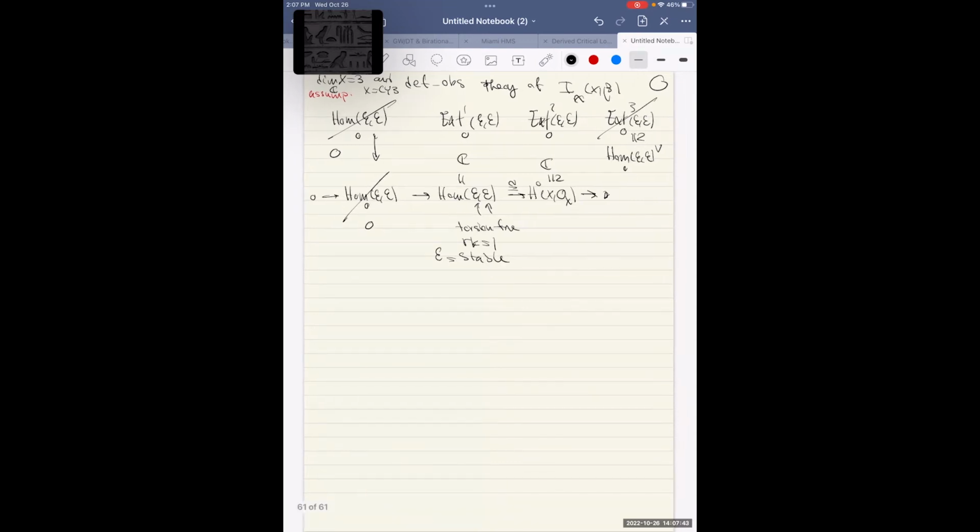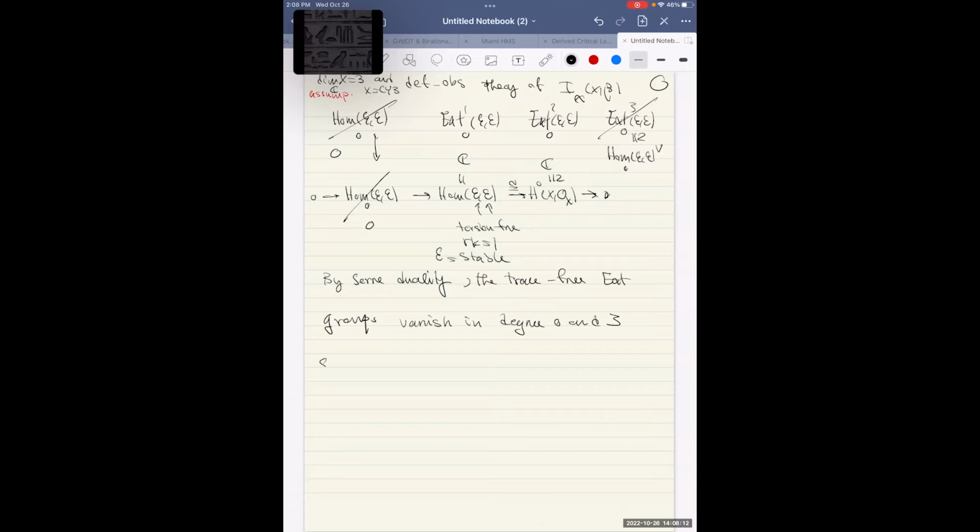So by Serre duality, the trace-free Ext groups vanish in degree 0 and 3.